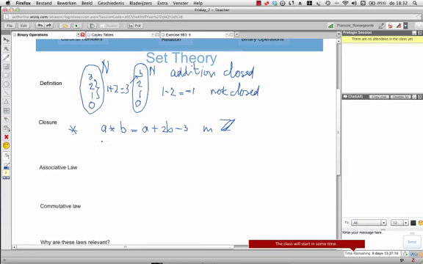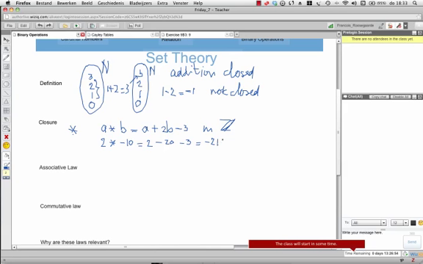I'll take an example: 2 star negative 10, and the answer is negative 21.